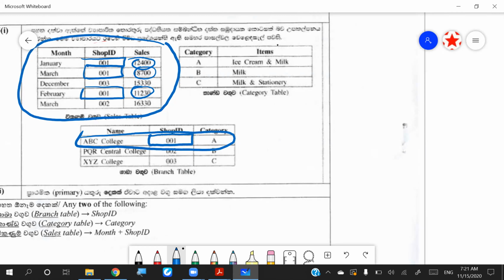So to find your total, you have used this particular table as well as this particular table, because without the branch table, you can't figure out what is 001. You need the branch table to figure out ABC college contains 001. Then you can match that with the sales table. So you need two tables to build up your answer.